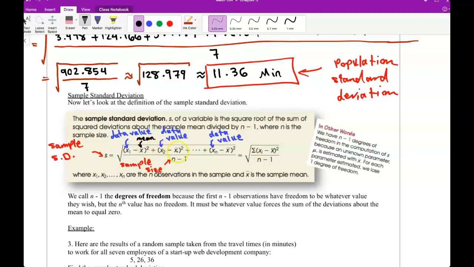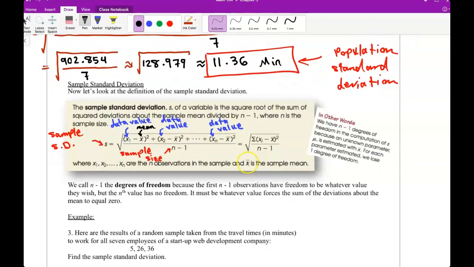Here is mean, exactly the same thing. Find the difference between mean and data value, and divide by sample size minus 1. So that is the only difference we have.